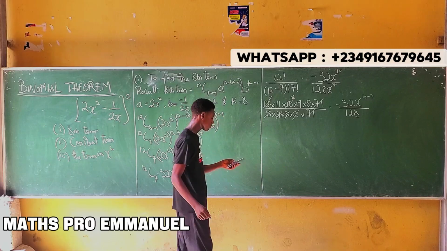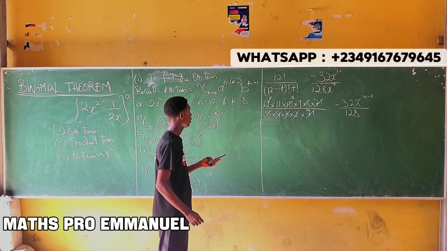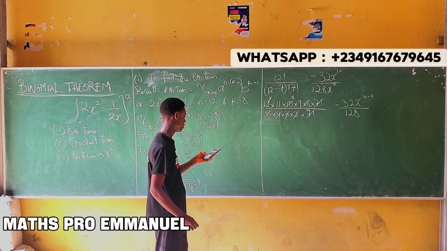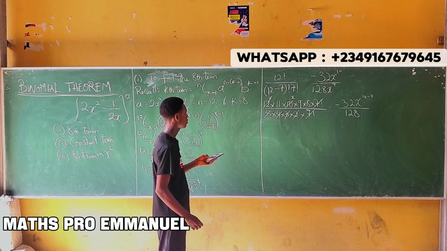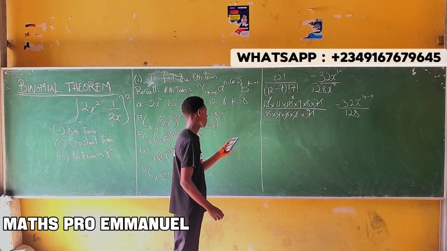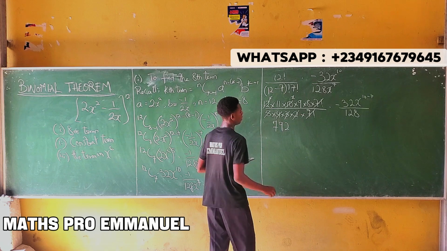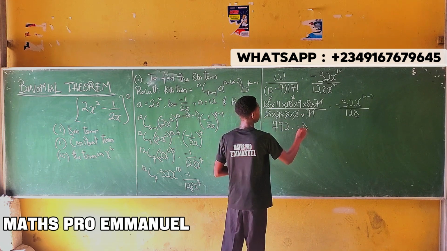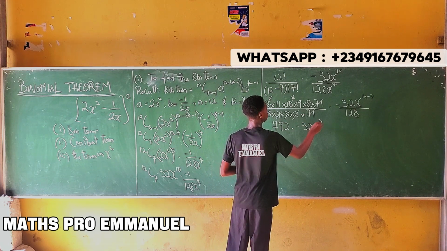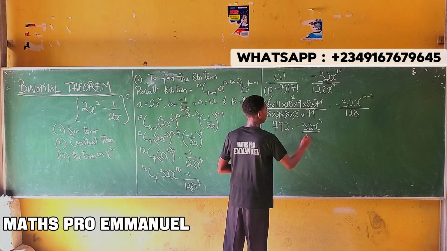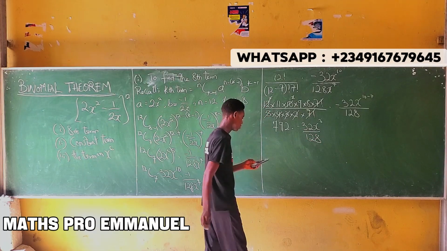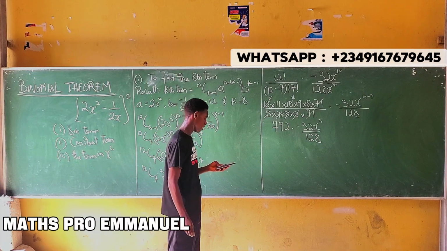Now let's multiply. 11 times 9 times 8. The result is 792. And this is multiplied by minus 32x cubed all over 128. So now let's see if this can be divided by 128.